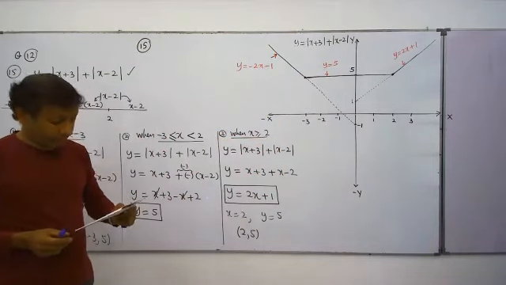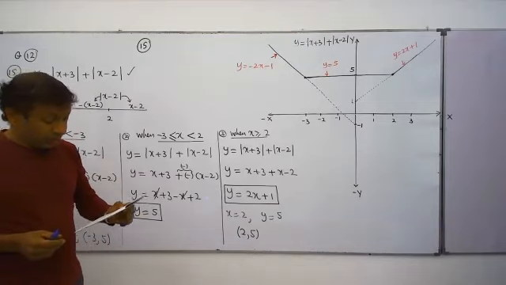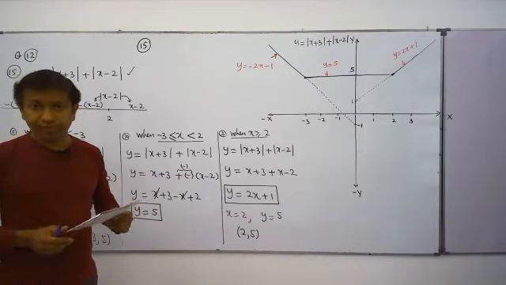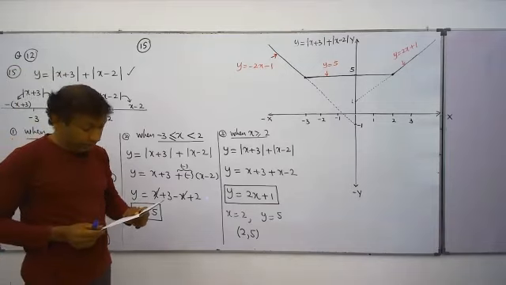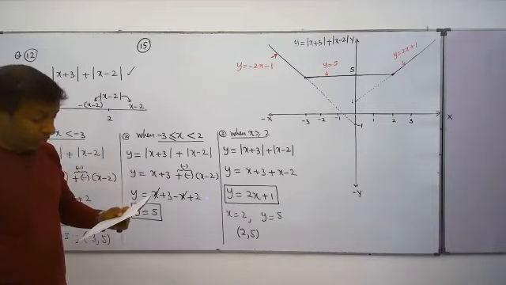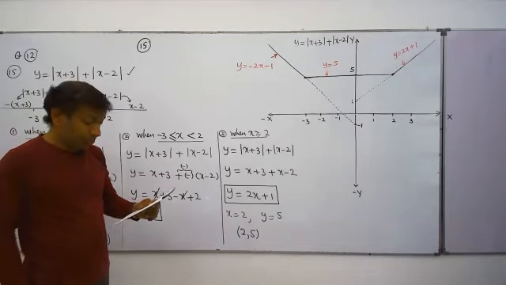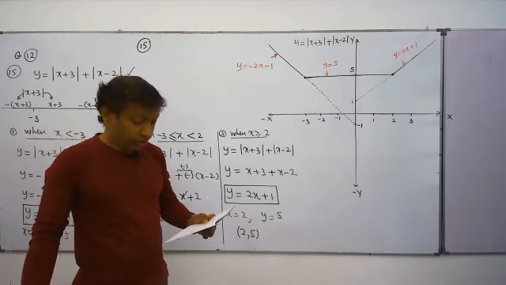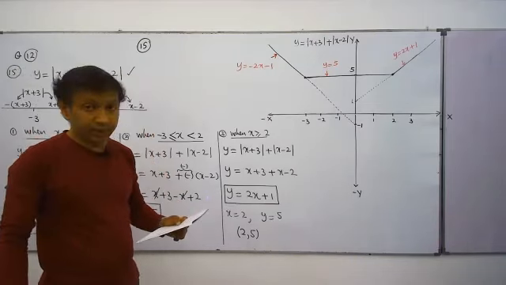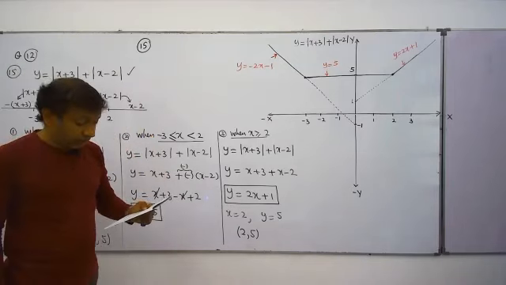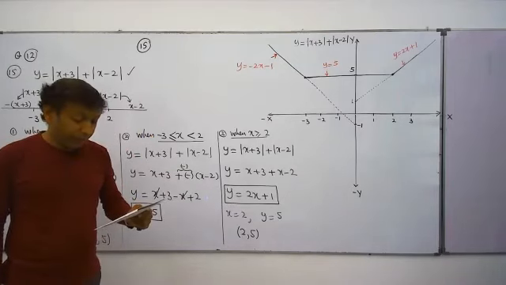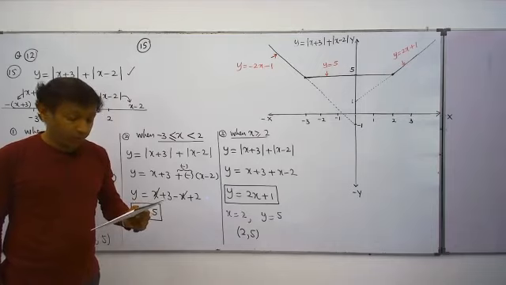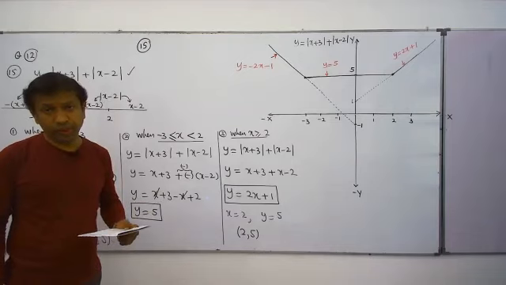There you are given: sketch the graphs of y equals mod x minus 2 plus 2 and y equals minus mod x minus 1 plus 4 on the same diagram. Hence, find the range of x for mod x minus 2 plus mod x minus 1 less than or equal to 2.